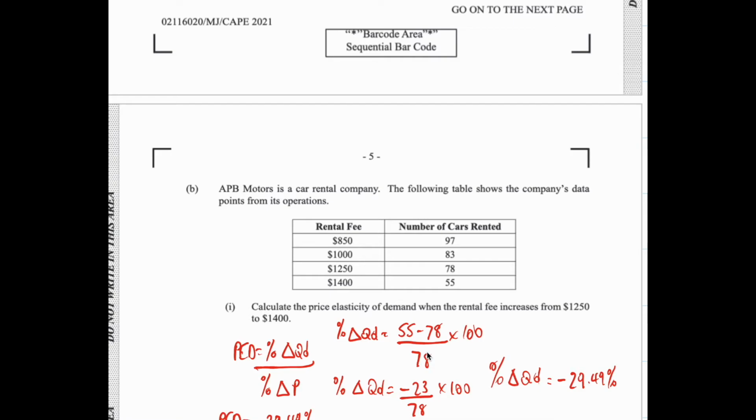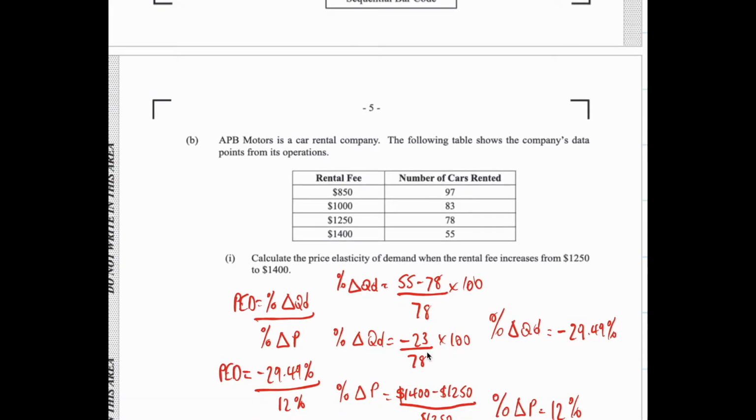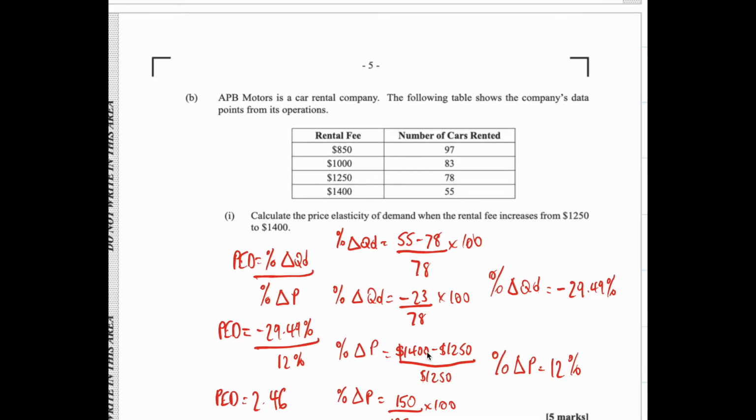Price elasticity of demand is equal to the percentage change in quantity demanded over the percentage change in price. This is the first method, and you also have the arc method, but we're using this method right now. And to get the percentage change of each one, it's new minus old over old times 100.